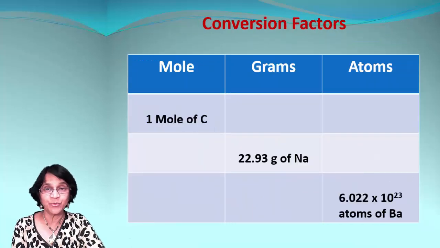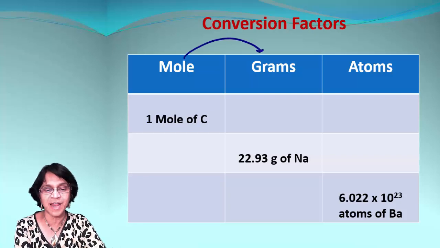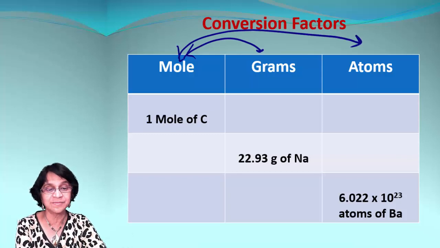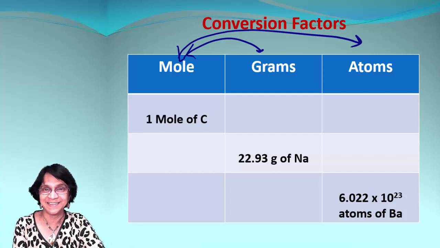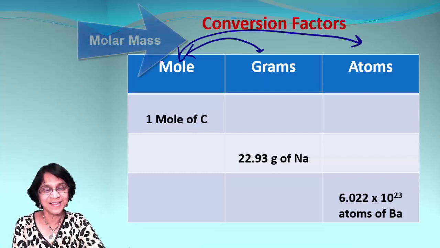Let's make it simple. We need to know how we convert from moles to grams or grams to moles. We also need to know how we convert moles to atoms and atoms to moles. And remember, they are all related; they are connected by certain constants.